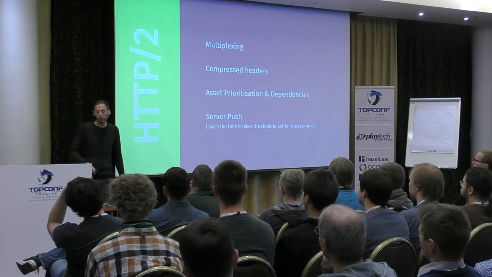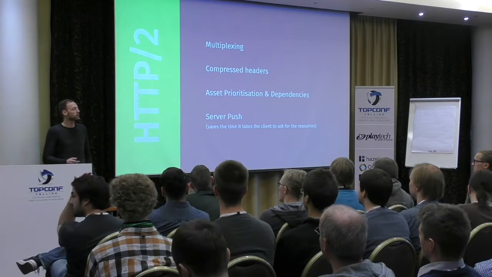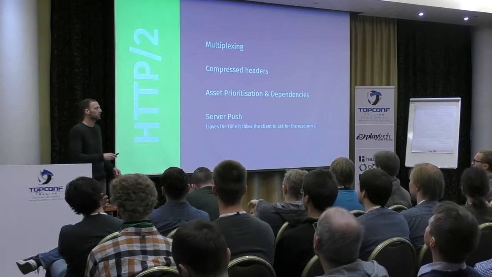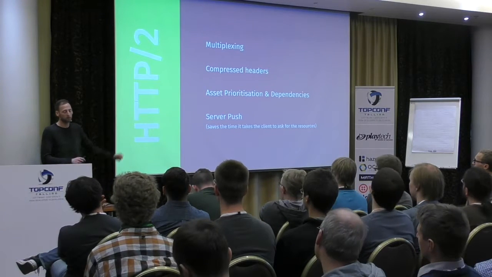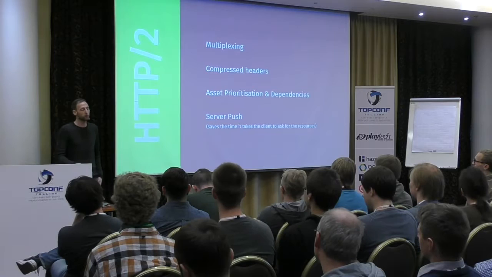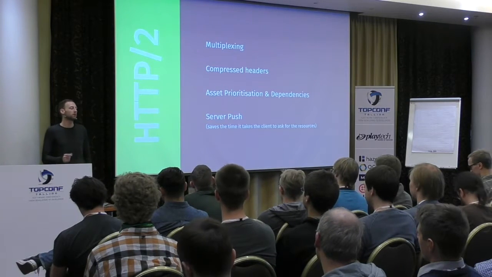HTTP 2 also comes with compressed headers, meaning less overhead to send. Asset prioritization and dependencies, which right now is rarely implemented. You can pretty much forget about that. And server push, this is also something I got very excited about and makes a big difference.